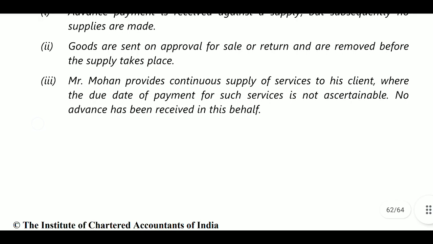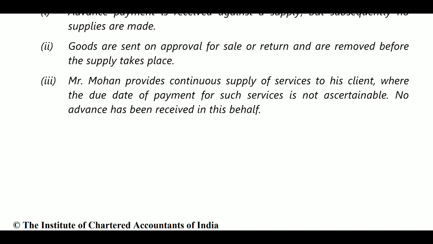If you issue the invoice or 6 months is expired, then on that date you will be required to issue the invoice. Next, third case: Mr. Mohan provides continuous supply of services to his clients, where the due date of payment for such services is not ascertainable and no advance has been received in this behalf. Whenever you are providing continuous supply and the due date of payment is not ascertainable, then the invoice is issued before or at the time when the supplier of service receives the payment.